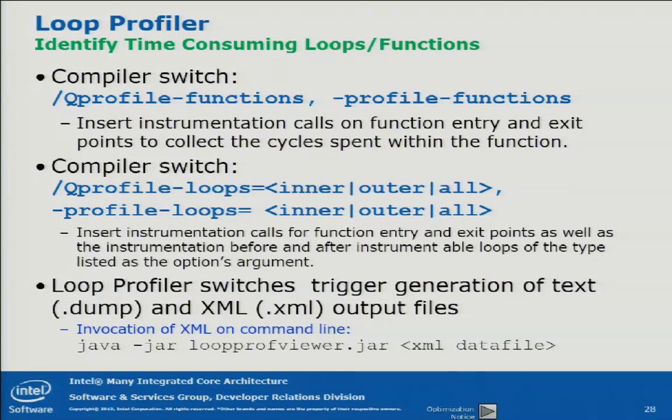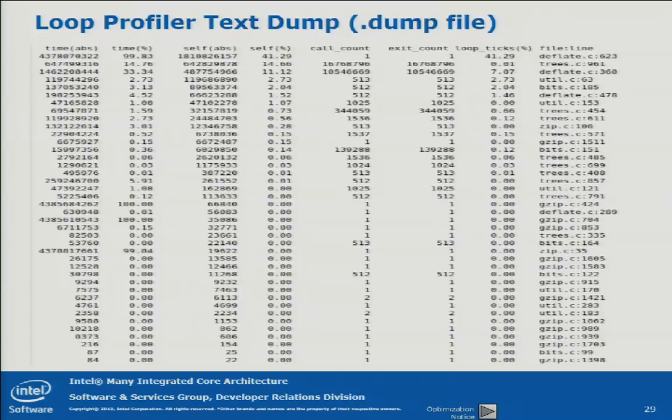And then, after running this code, you can have a look at the profile either through a Java GUI or as a text file. And then you can tell the compiler more about your loops, right? So what you basically get out of here is how much time you spent in a particular piece of code, how much that is in terms of a fraction of total runtime, the number of invocations of that particular function, how many times you exited that function.